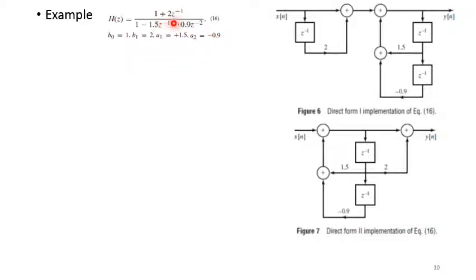I hope you understand why we are writing a1 equals 1.5 here: because in the formula we have a negative sign, if it is negative in the expression then it is positive, but if the symbol here is positive, then actually it was a negative sign.